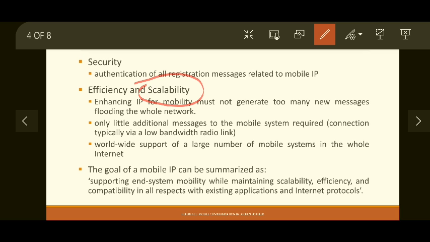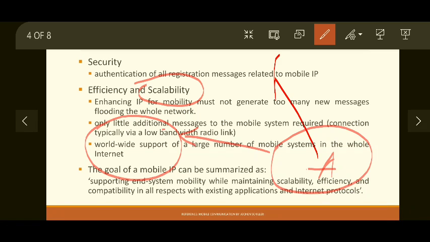It should not happen that a user in this physical subnet can travel only up to a certain distance to another subnet. What should happen is that this user can transit into any other location in the world, and still get the packets sent by the sender. So that is network scalability.